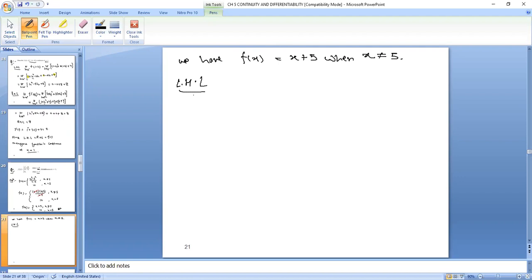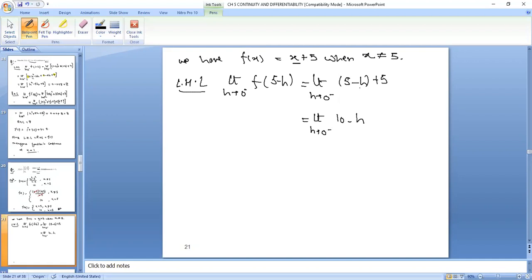Left hand limit: limit h tending to 0 negative, f of the point 5, so we will have 5 minus h. It will be limit h tending to 0 negative; in place of x, we write 5 minus h plus 5. So it will be 5 plus 5, limit h tending to 0 negative, 5 plus 5, 10 minus h.